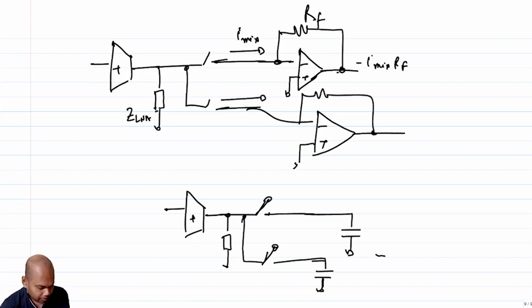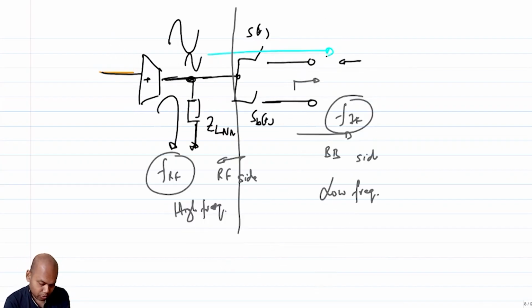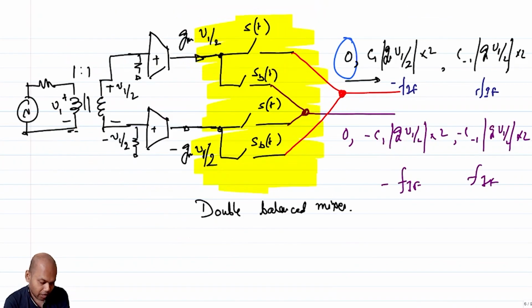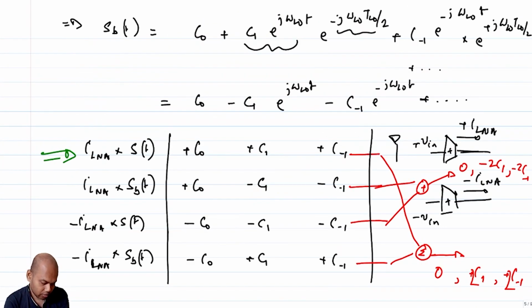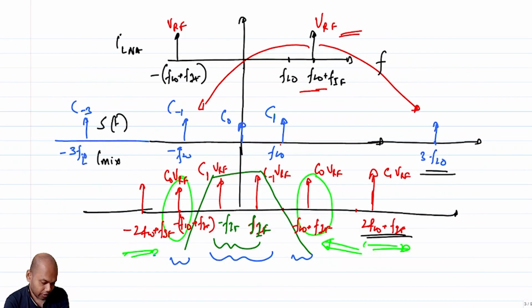The current that is supposed to flow through will have what type of frequency component? It was supposed to have a frequency component of FIF, of course, right?